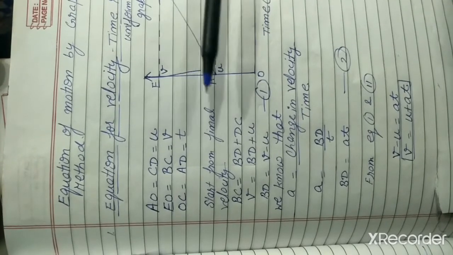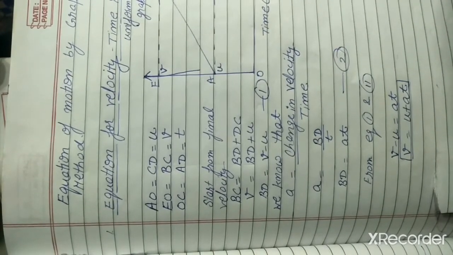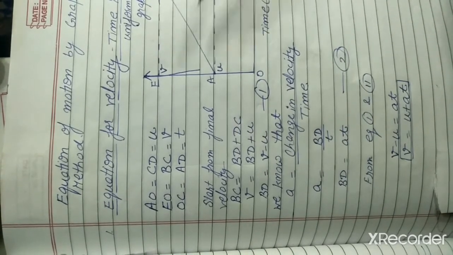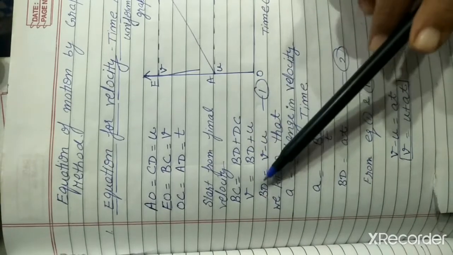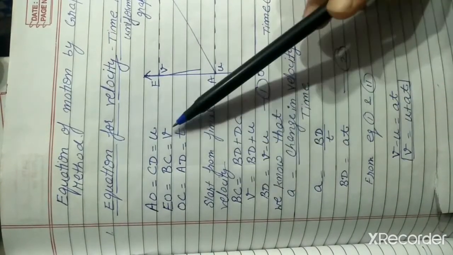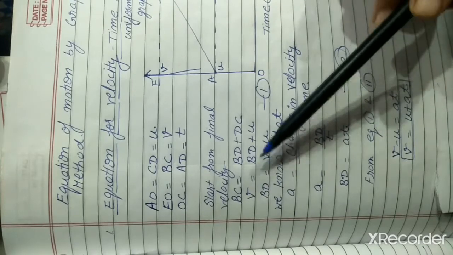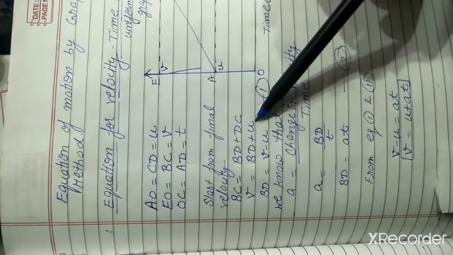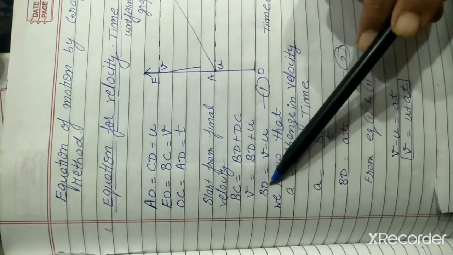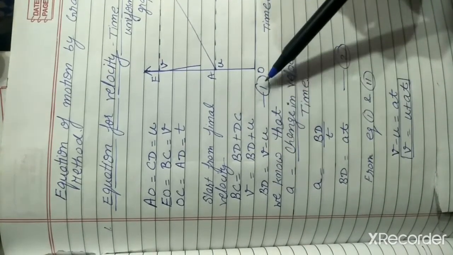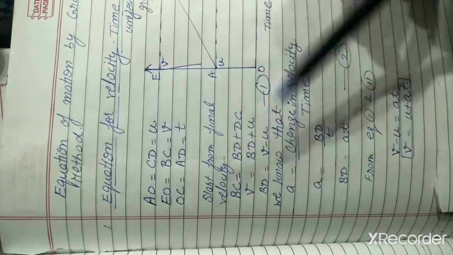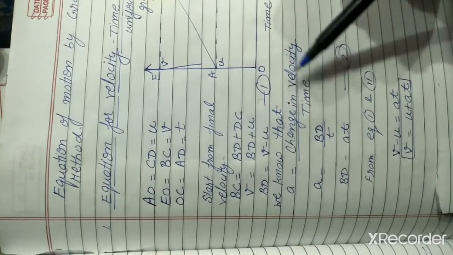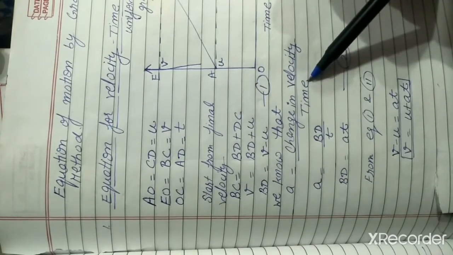So we start from the final velocity, right? BC is equal to BD plus DC, and BC is equal to v. So we can write v equals BD plus DC, and DC is equal to u. So we write u here. From where we get BD equals v minus u, and we write it as equation number 1. Now we know that acceleration is equal to change in velocity upon time, right?